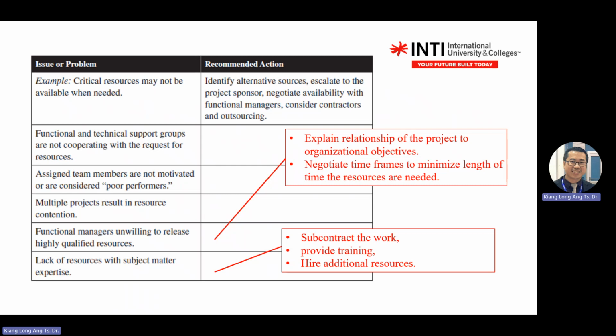You train an expert. You train a new expert, provide training, or you do new hiring. So this one is an HR matter, a human resource matter. When you lack human resources, you can do training, you can subcontract, you can hire a new one. So these are the alternatives.